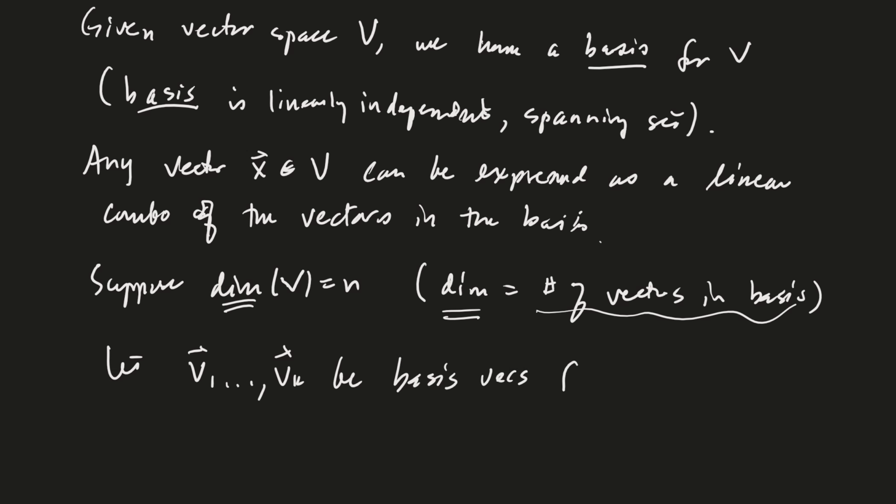Very good. Now, if we're in Rn, then v1 through vk are column vectors. We can store the column vectors, basis vectors, as columns in a matrix.